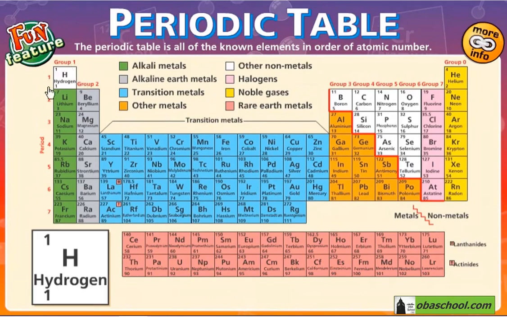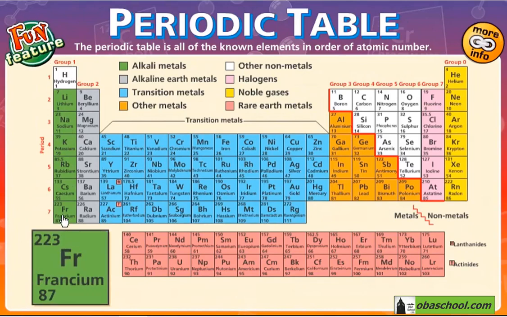The groups are vertical and periods are horizontal. This is the stair that we talked about earlier. It separates metals to the left from non-metals to the right of the periodic table.